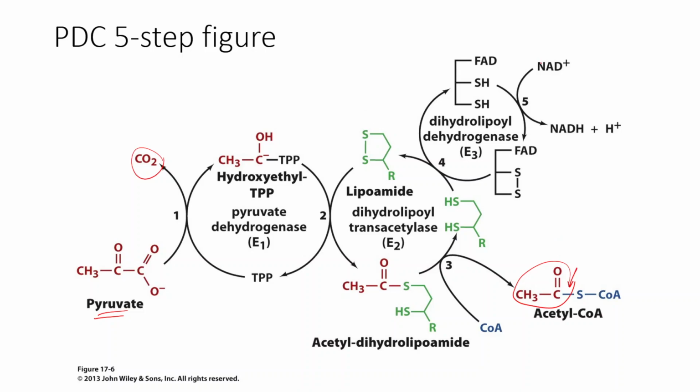And we also reduced NAD+ to an NADH, which can also be used later during oxidative phosphorylation. So overall, if we had 1 glucose molecule, we essentially ended up with 2 acetyl-CoAs and 2 NADHs.